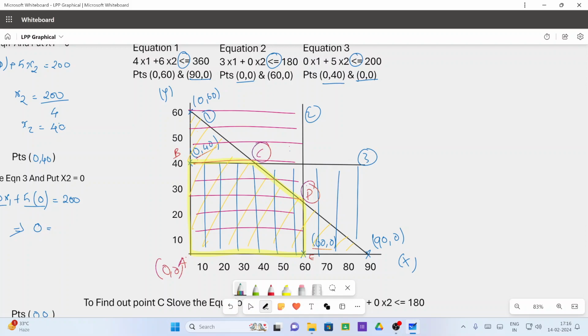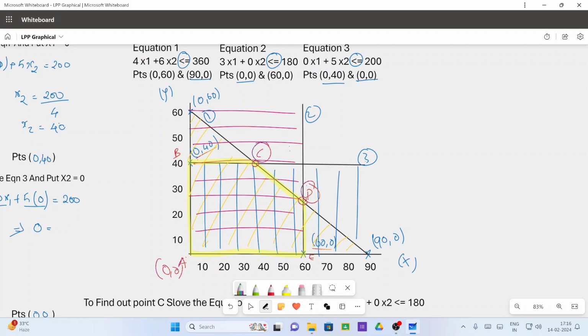How am I going to get them? For C, two lines are intersecting, equation 1 and equation 3. When you solve equations 1 and 3, we will get the point C. Same way for D, the two lines are equation 1 and equation 2. When you solve equations 1 and 2, we will get the point D.